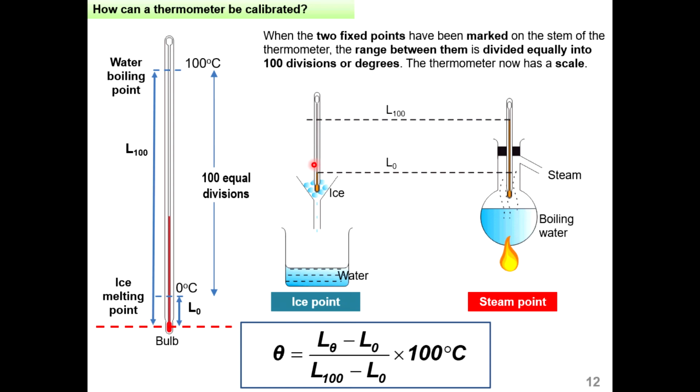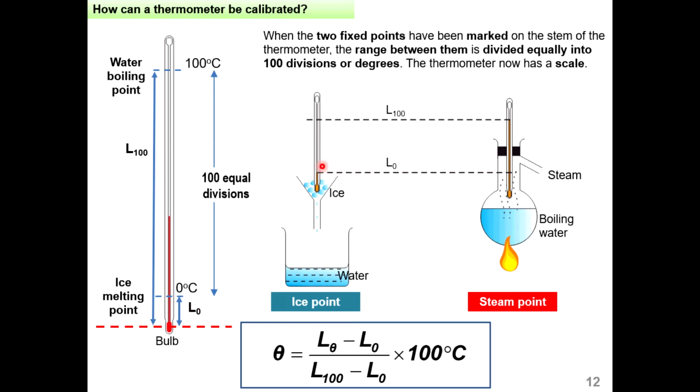When we place the thermometer in ice, the mercury will rise, and this is the length of the mercury when the temperature is 0, so we label it as L0.